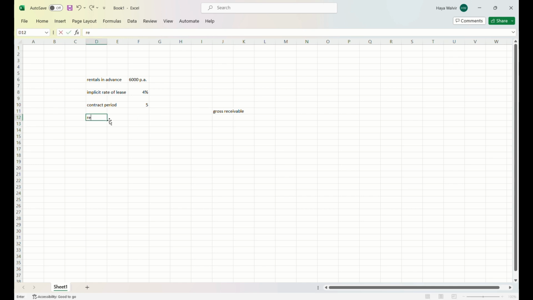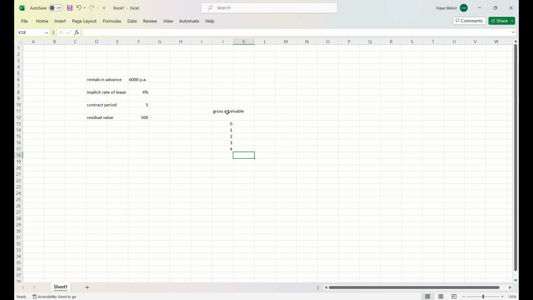So I should include a residual value too, just to reduce any confusion. So it would be like 500 probably. Yeah, it's just 500. So 0, 1, 2, 3, 4, 5.